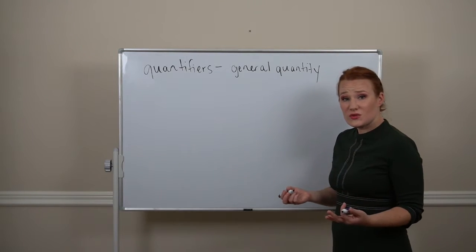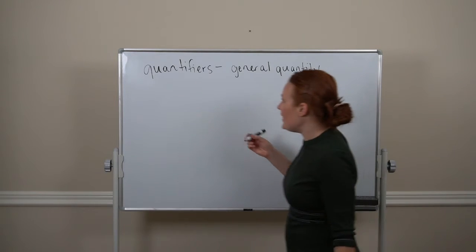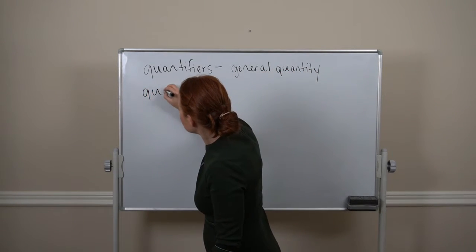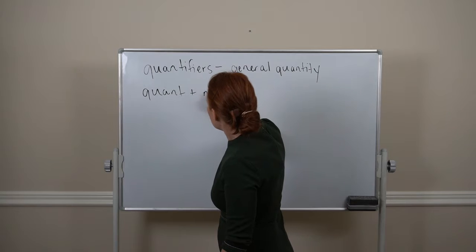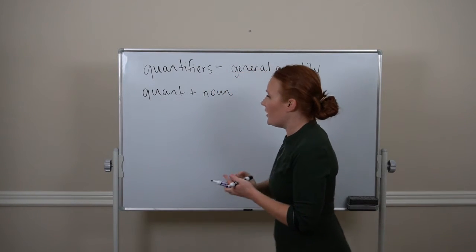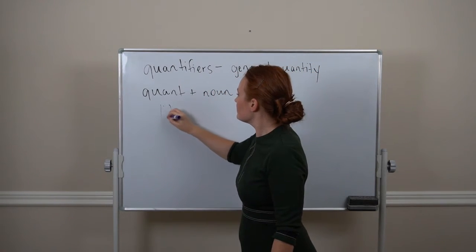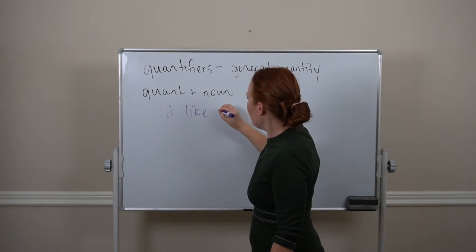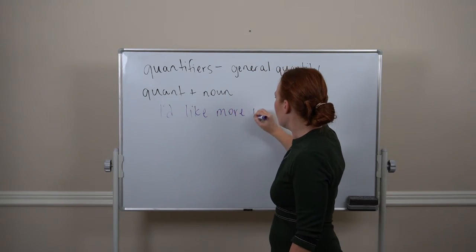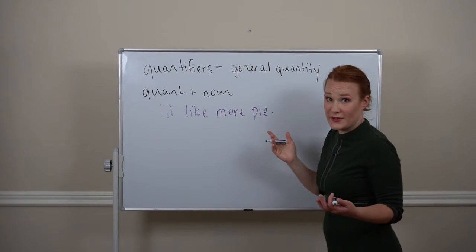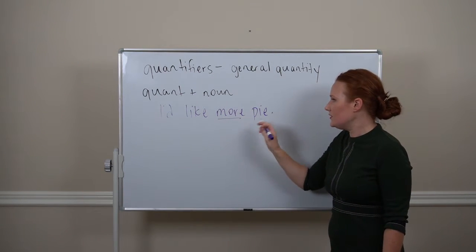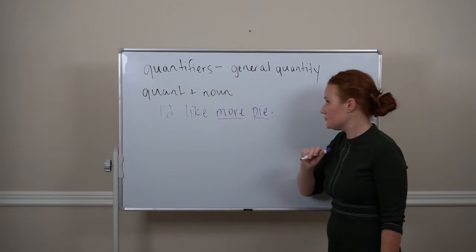So usually when we're just followed by a noun, it's easy. It'll just be the quantifier followed by the noun. I'd like more pie. Pretty basic, right? Quantifier more, and pie is our noun.